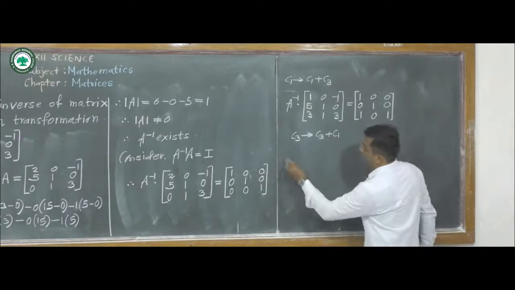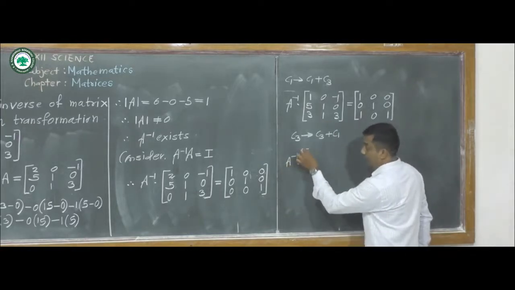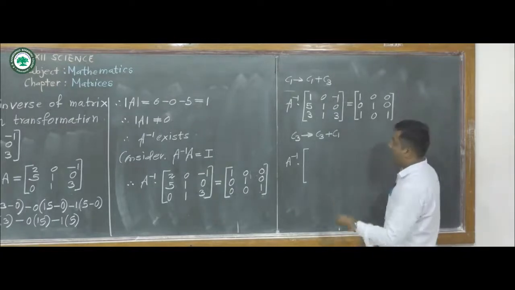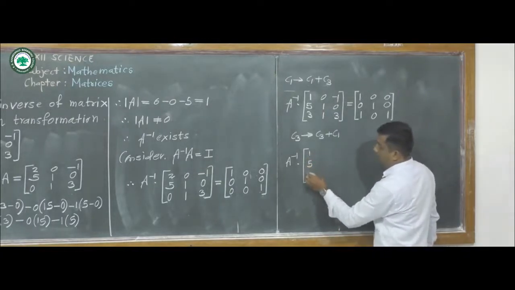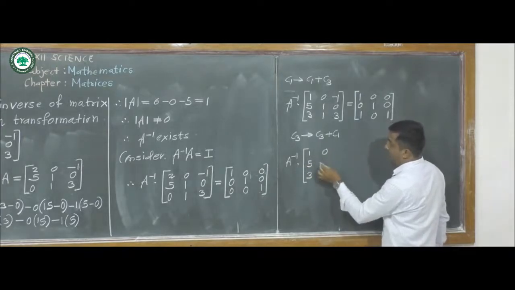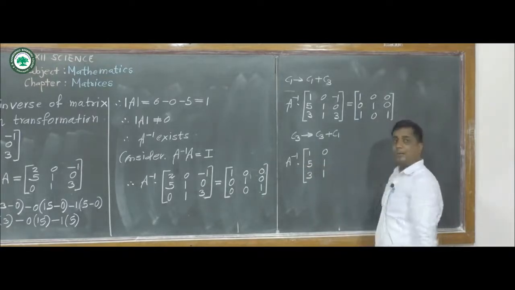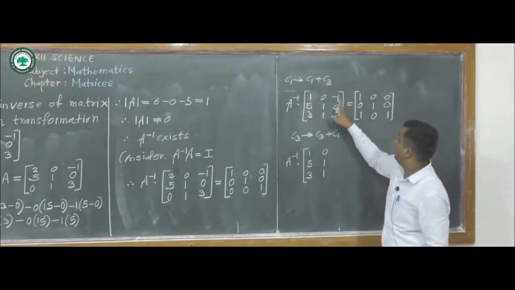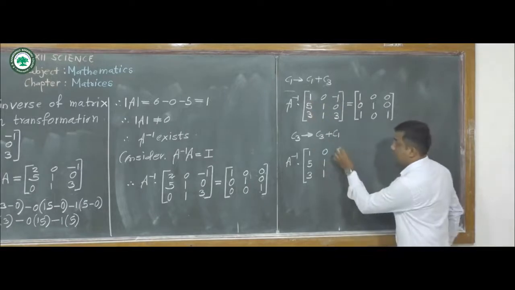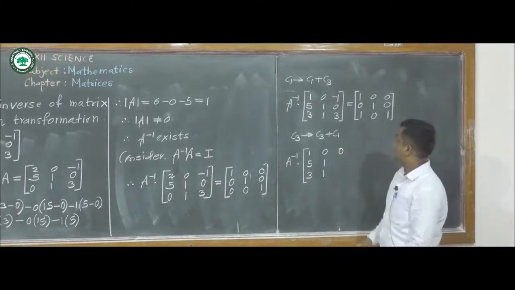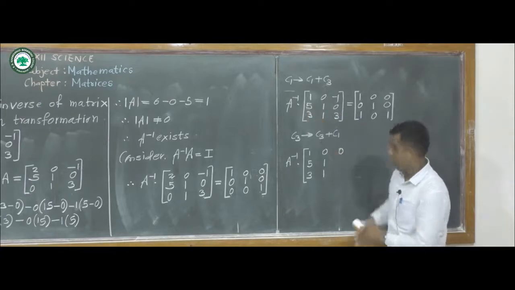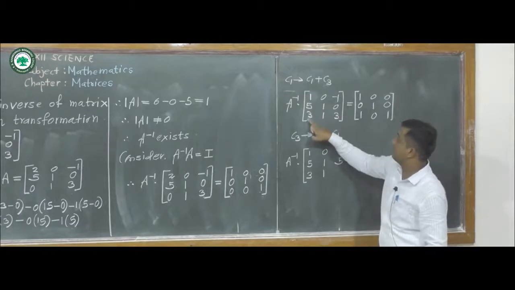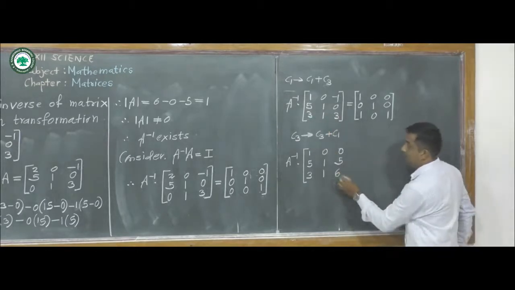So A inverse into the matrix, we keep our first and second columns as they are: 1, 5, 3, then for the second 0, 1, 1. Now we add C3 with C1: minus 1 plus 1 is 0, next 0 plus 5 is 5, next 3 plus 3 is 6.